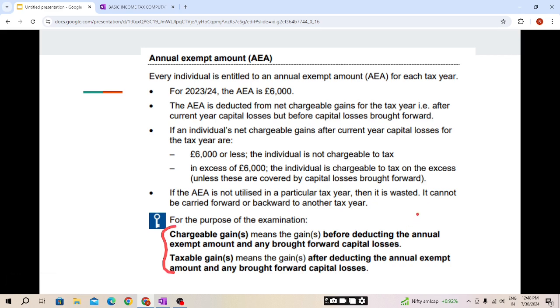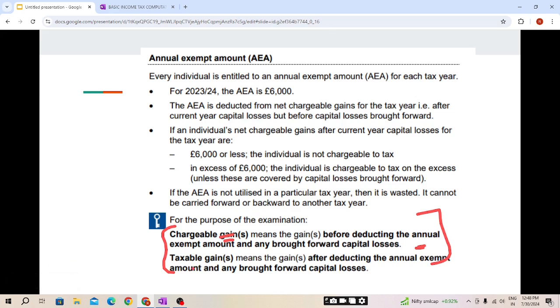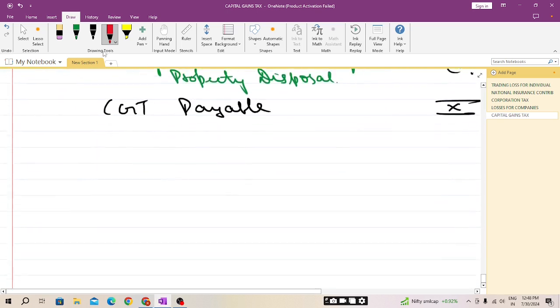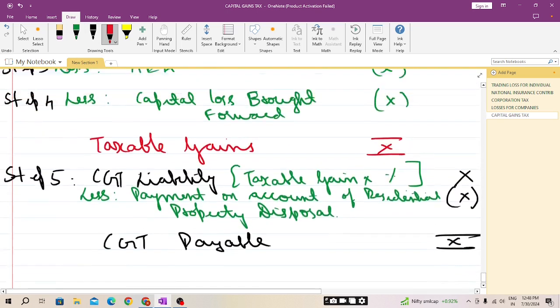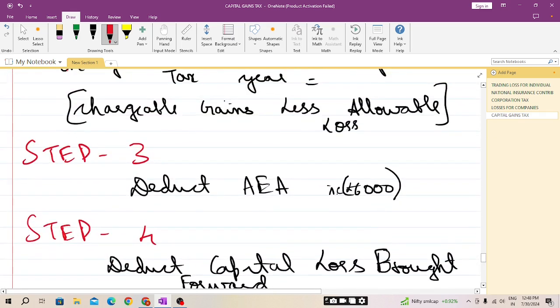If in the examination it is mentioned chargeable gain, it means before the deduction of annual exempt amount and any brought forward capital loss. But taxable gain means after deducting the annual exempt amount and any brought forward loss. I hope this is clear, students. Step number 3 was deduction of the AEA, that is £6,000.